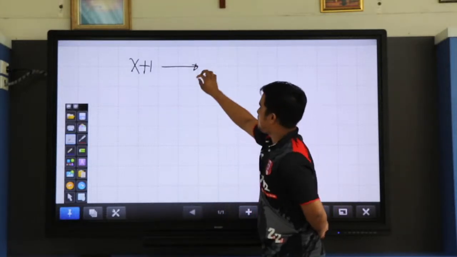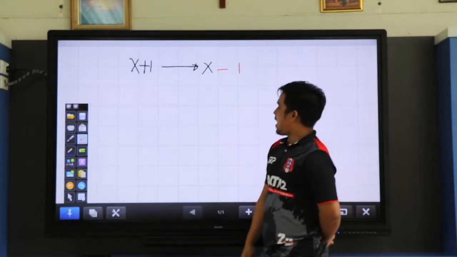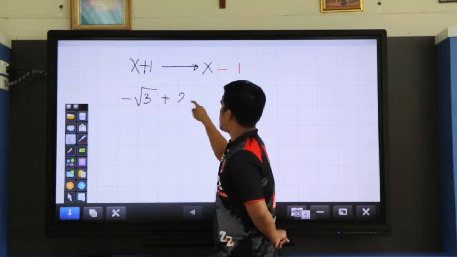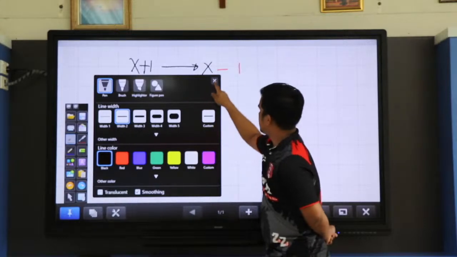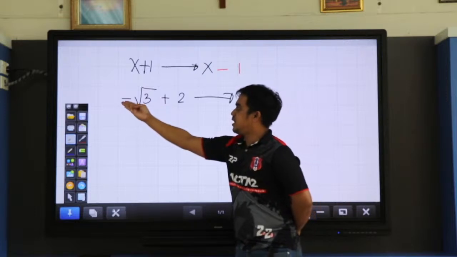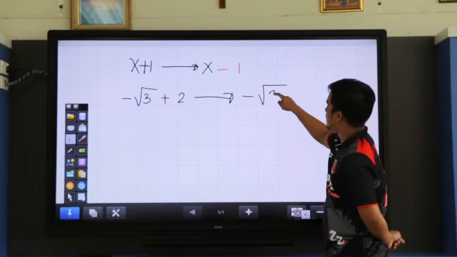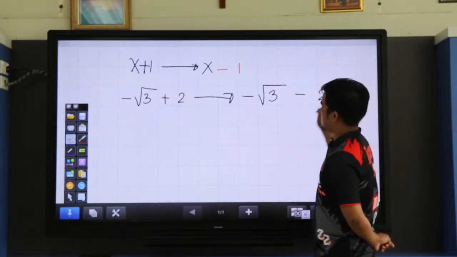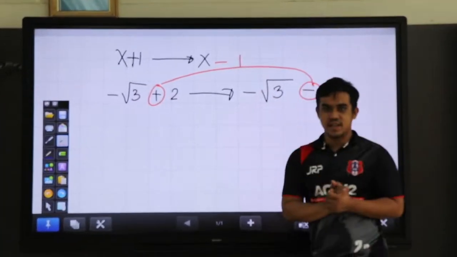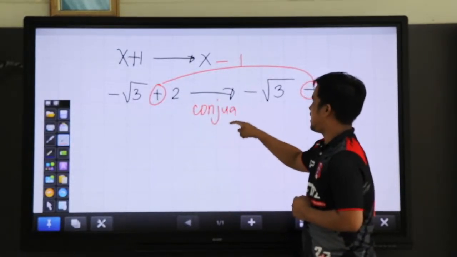If I say square root of 3 plus 2, what would be the conjugate? Again, you change the middle sign only, whether it is plus or minus. So you write square root of 3 minus 2. From plus, it becomes minus. So that is called the conjugate.